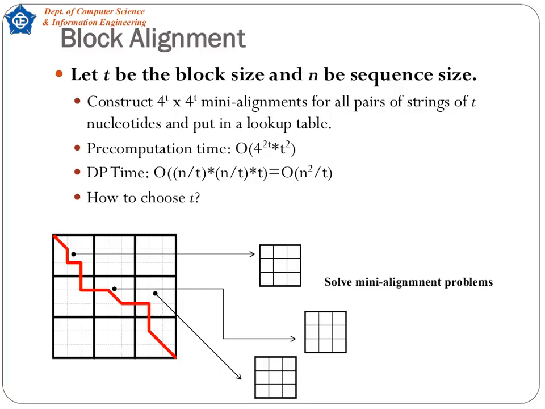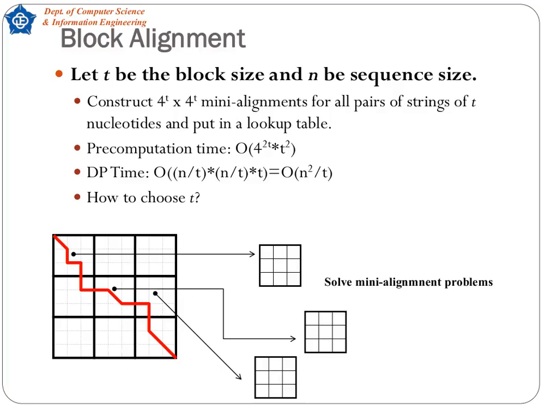This one-time precomputation costs on the order of 4^(2t) times t squared time. When aligning 2 full sequences, we simply step through the n/t by n/t grid of blocks. Each block's optimal values come straight from our table in constant time, so the overall DP runs in O(n^2 / t).